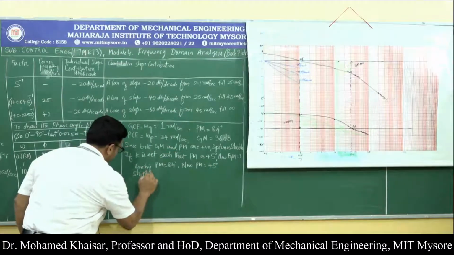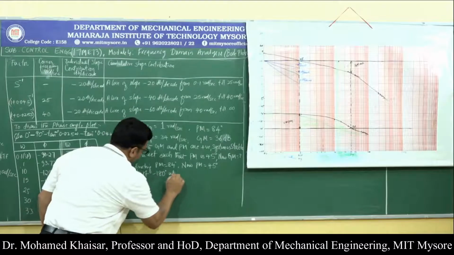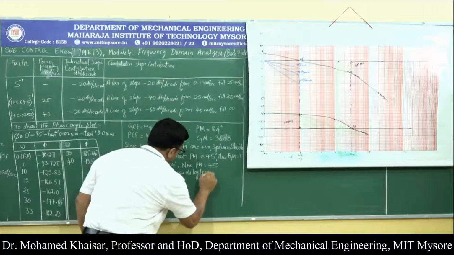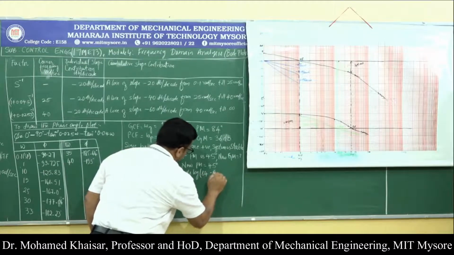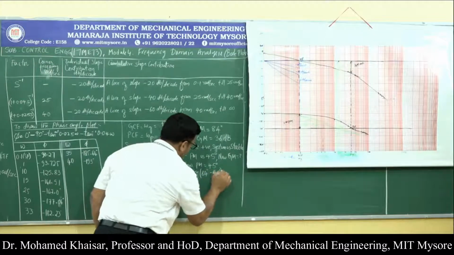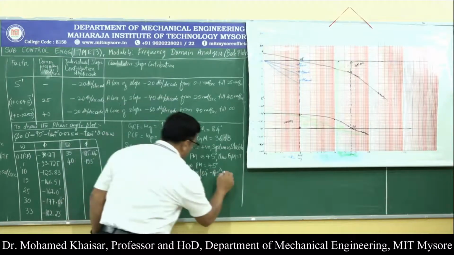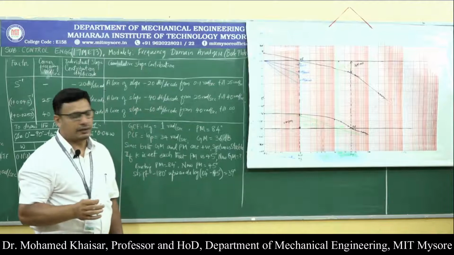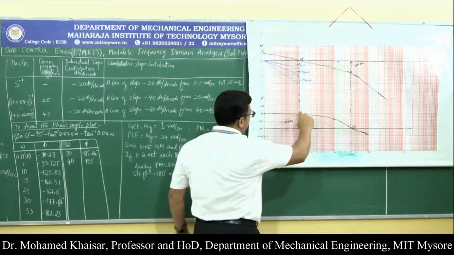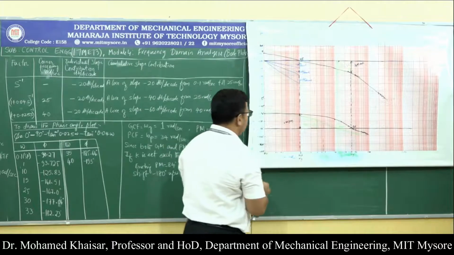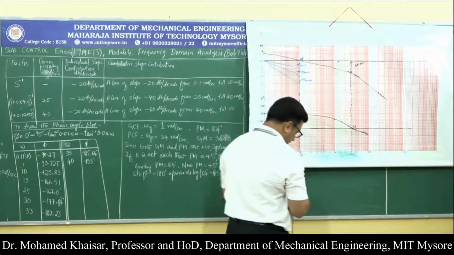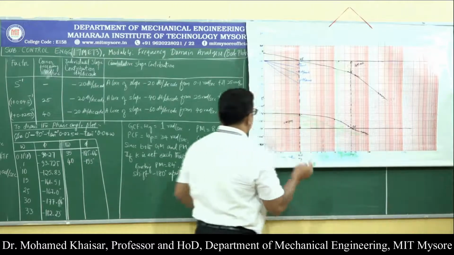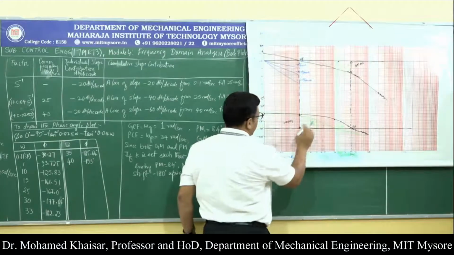So shift the minus 180 degree line upwards by 84 minus 45, so by 39 degrees. Just shift it above such that you get 45 degrees over here. So I can shift the minus 180 degree line upwards by 39 degrees.